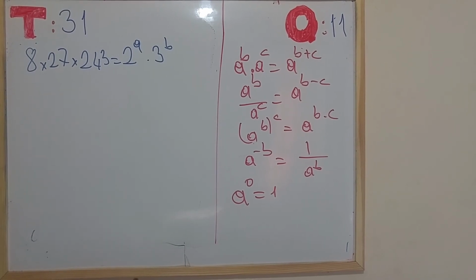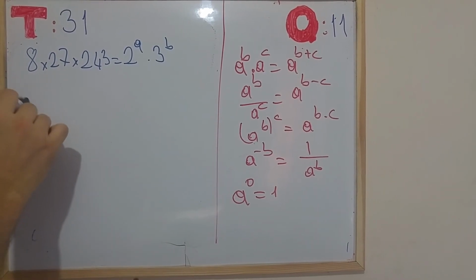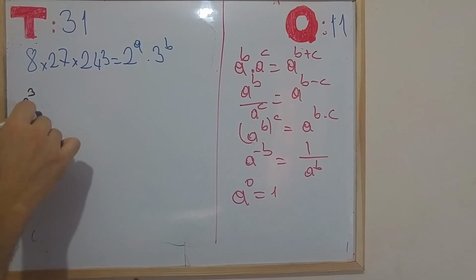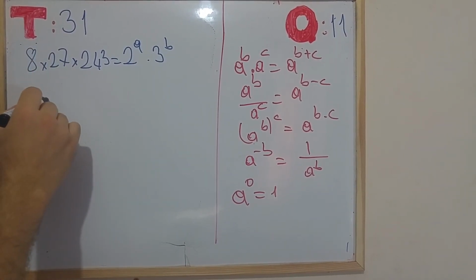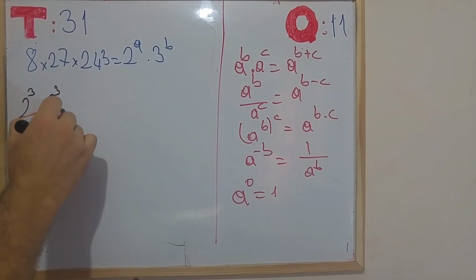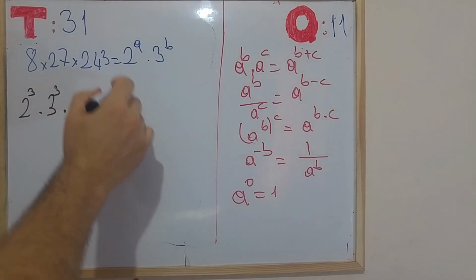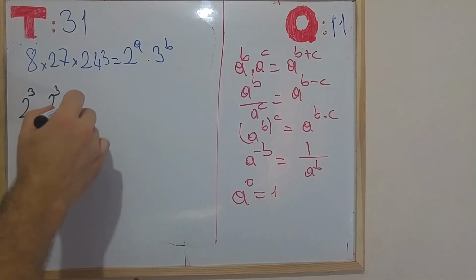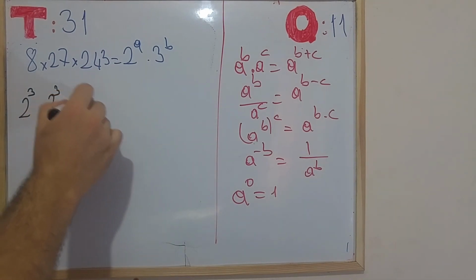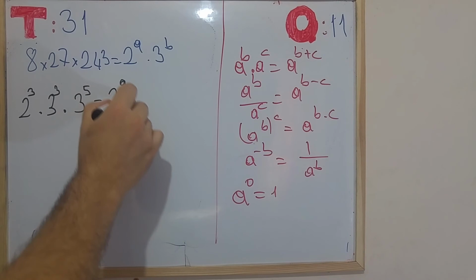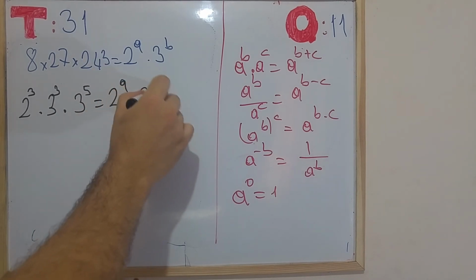Let's calculate it. 8 is equal to 2 cubed times 27 is equal to 3 cubed times 243 actually is equal to 81 times 3, which means this is equal to 3 to the 5, equal to 2 to the a times 3 to the b.